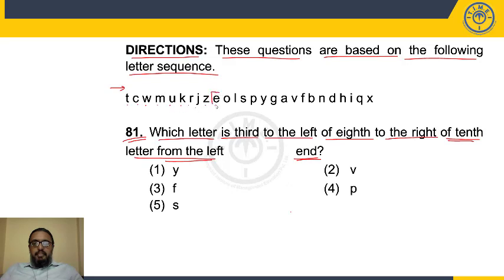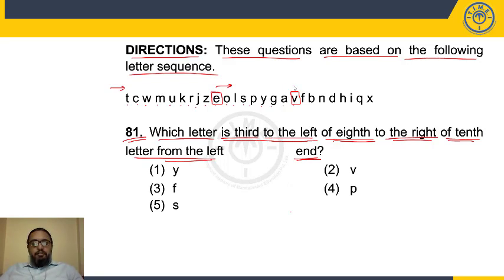10th letter from the left end is E. Okay, and what is the instruction earlier to that? 8th to the right. So now from E, this is the right side. Now 8th to the right I will count. 1, 2, 3, 4, 5, 6, 7, 8. 8th to the right is V. Now earlier to that what is given? Which letter is third to the left?